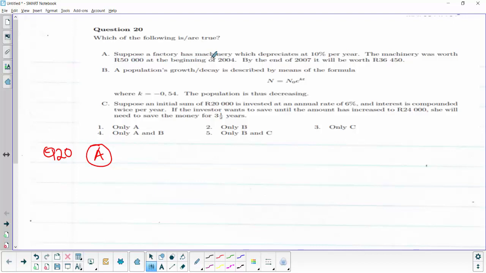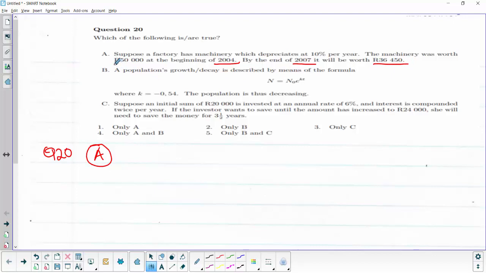Suppose a factory has machinery which depreciates at 10% per year. The machinery was worth 50,000 rand at the beginning of 2004. By the end of 2007, it will be worth 36,450.